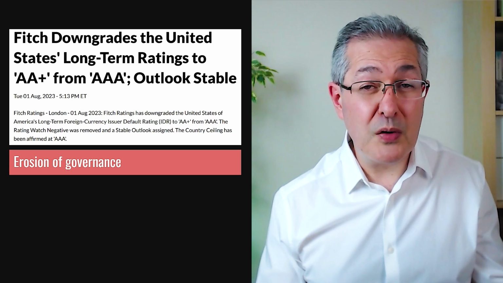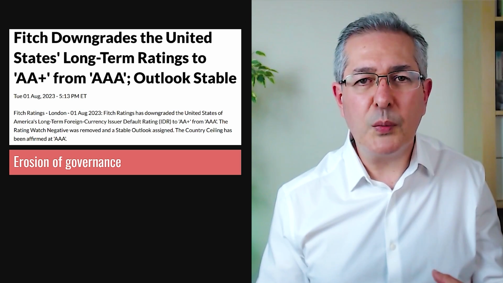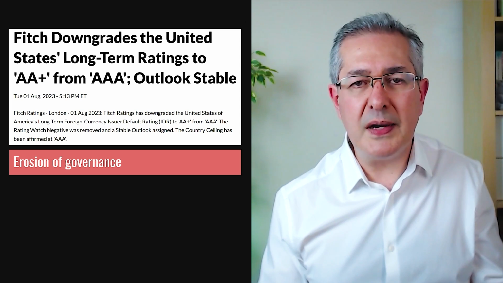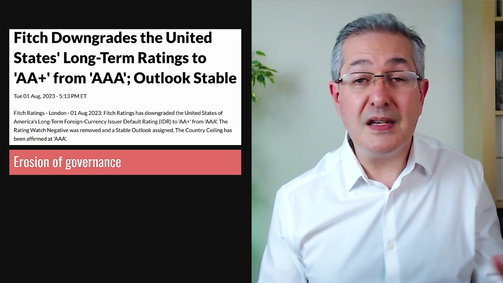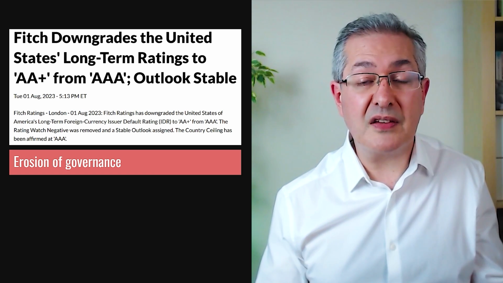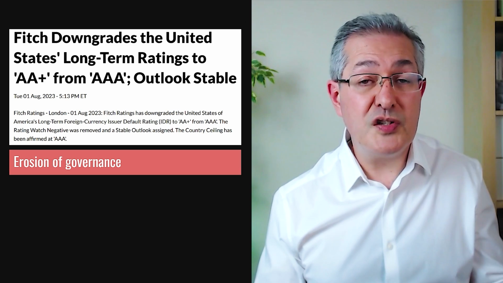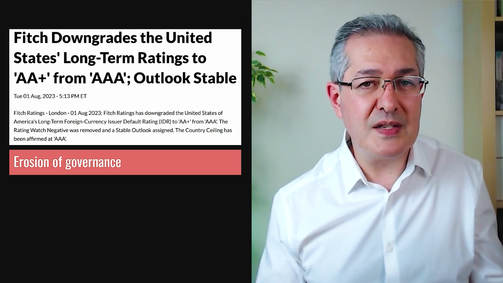Also, the budgeting process is very complex in the United States. The pattern that we've tended to see in recent history has been one of corporate tax cuts, followed by new spending initiatives. Trump, for example, was famous for his tax cuts in 2017, and Joe Biden has done lots of fiscal stimulus via increased spending.